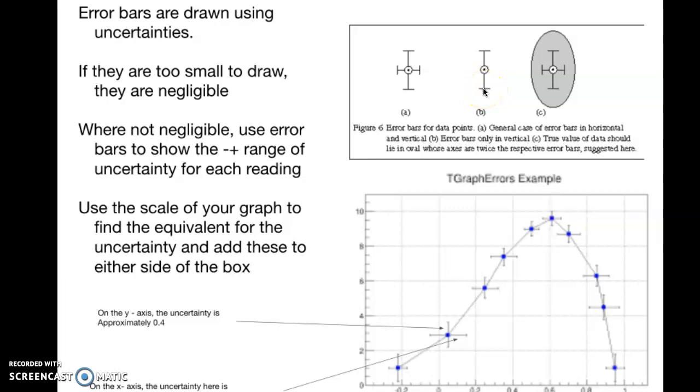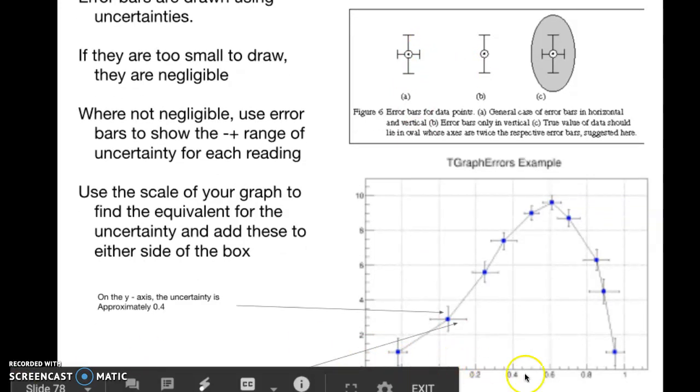Now, how do we draw these? Using the scale of your graph, you are going to represent the uncertainty. So in this example, we have a plotted point and an uncertainty, and on the y-axis the uncertainty is approximately 0.4.